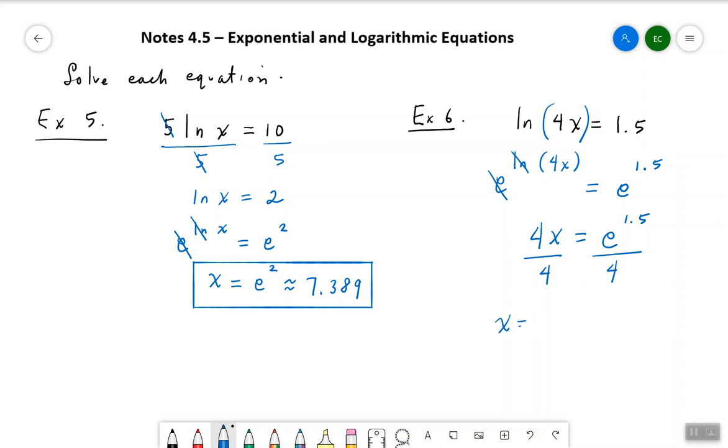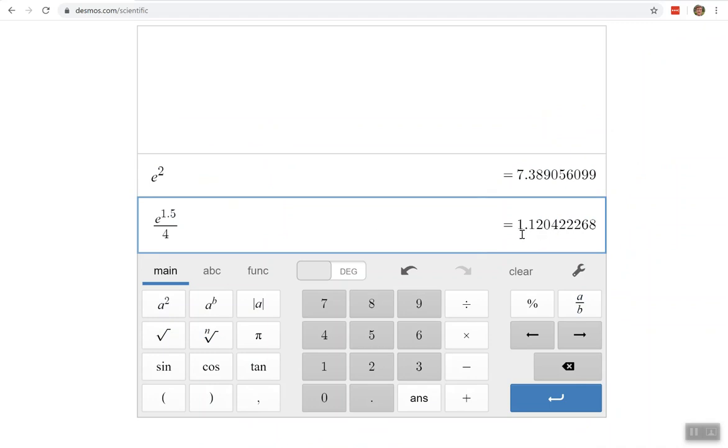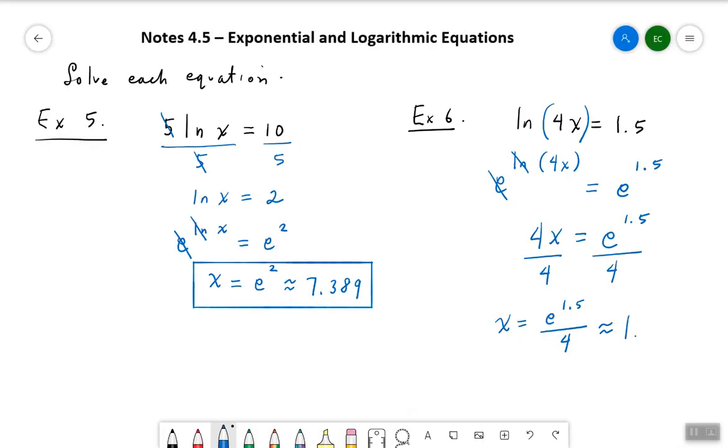We get x is equal to e to the 1.5 over 4 for our exact answer. Or we can type it into the calculator. I've already done that. We'll get 1.120.